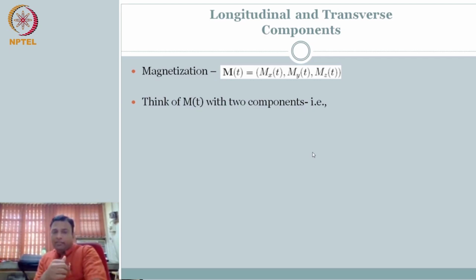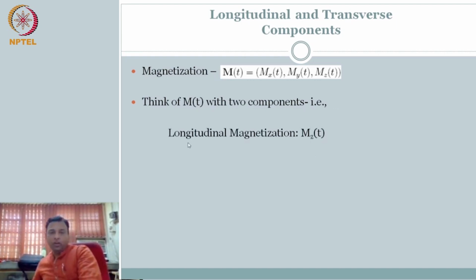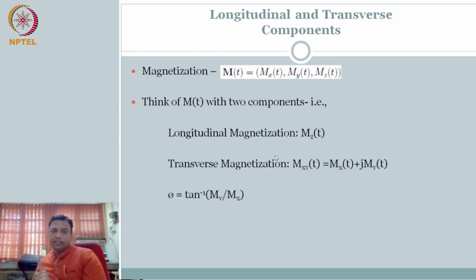But then when it comes to the other Mx and My, instead of having Mx and My separately as 2 variables, we could actually talk about the component on the floor. Okay, one we will call longitudinal magnetization, which is the z direction. The other we will call transverse magnetization, which is Mxy of t, that is the magnetization vector on the floor, which of course has Mx and My.